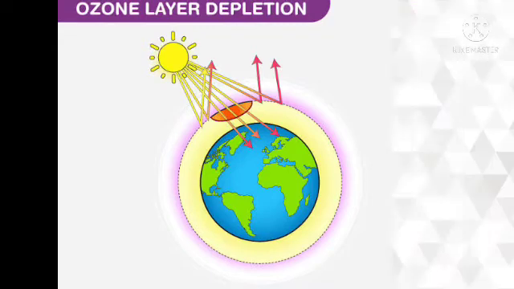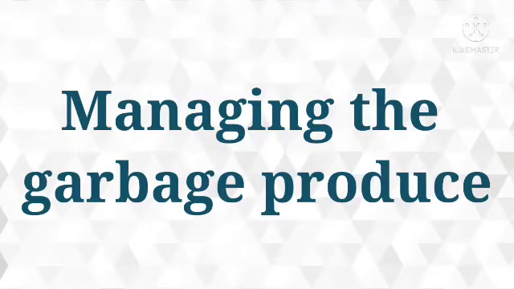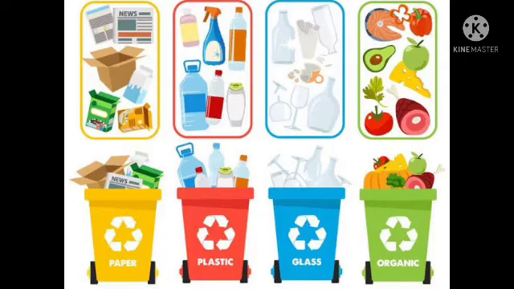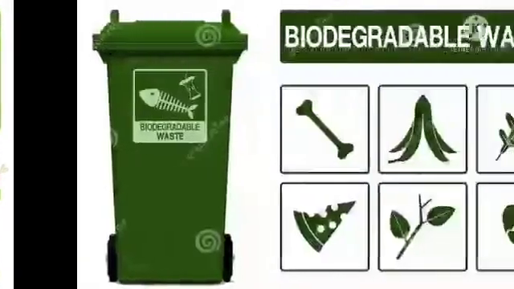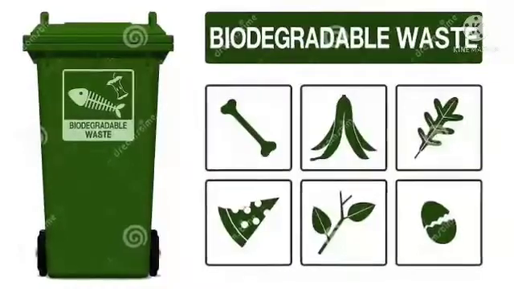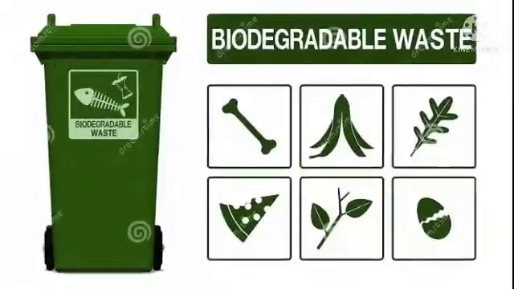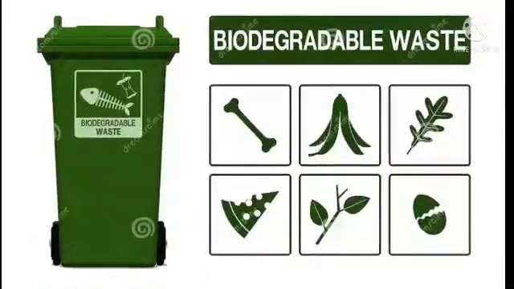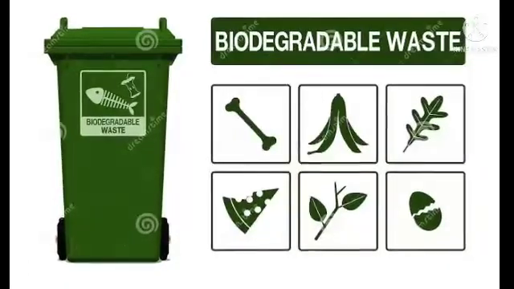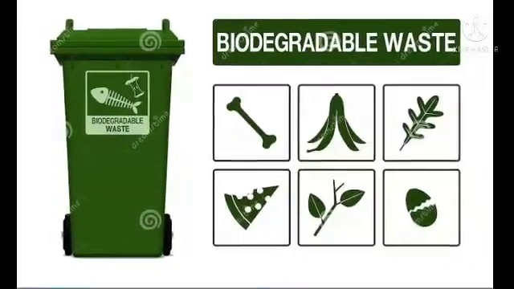Next, let us see managing the garbage produced. Based on the ability of decomposition, waste materials produced are of two main types. First one is biodegradable waste, which is waste that is decomposed into harmless substances by microorganisms.